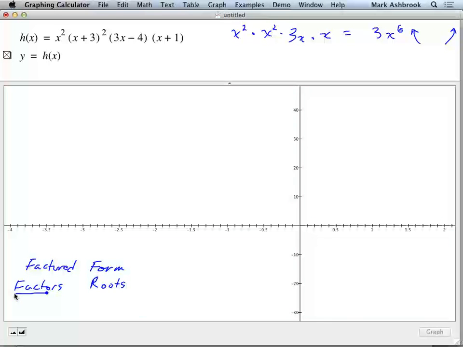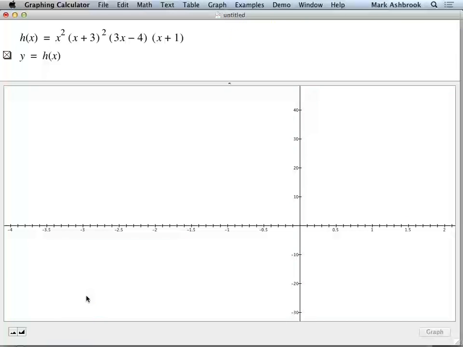Okay, so first factor is, run out of room here. Let's try that again. Okay, so we got the factors, the roots.